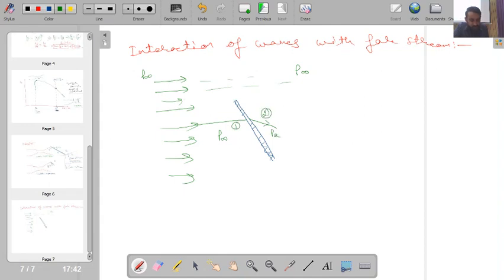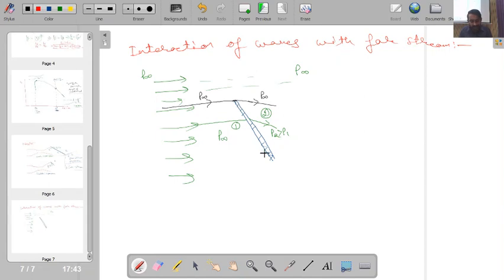Here it will have pressure P2, which will be greater than P1. But if I consider a streamline just passing through the edge of the shock wave, that streamline will also deflect, but it will have pressure P infinity only, because it is just at the edge of the shock wave and not passing through it. Is this clear, what I am saying?